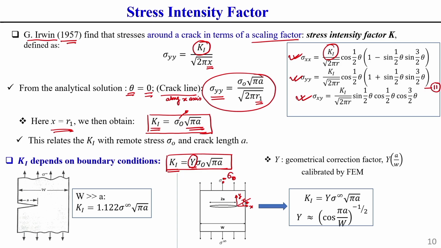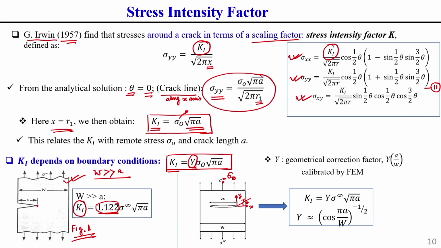Some examples I am showing for this opening mode. In the first case, in this figure 1, a crack is there which has a half length A. If the width of the specimen is much greater than A, then it is observed that the geometrical correction factor comes as 1.122.